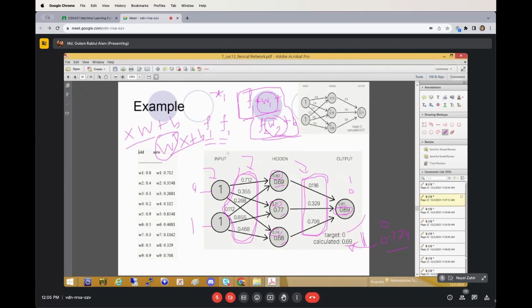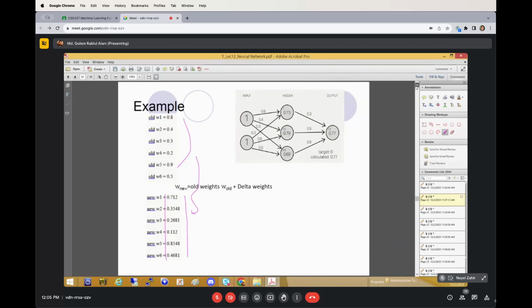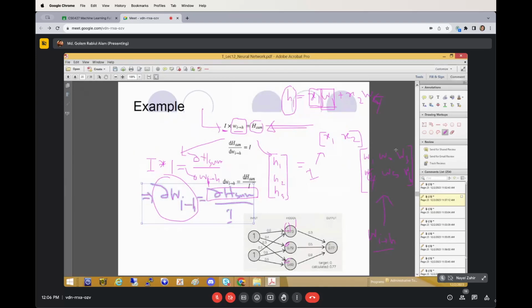Here also in neural networks we want to find this W. I have already shown what W means. This is our W. So the target is to find the optimal values of W.